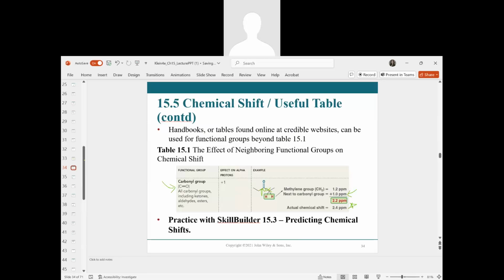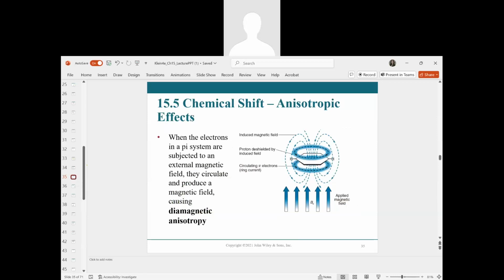So we can see again the approximation is close, and that can help us if we're determining what structure is represented, such as a ketone, aldehyde, ester, and as we saw before, alcohols, ethers. Depending on the shift that we calculate, we can expect to see different structures.